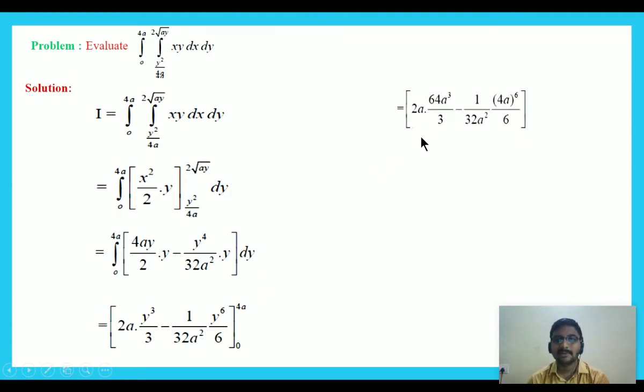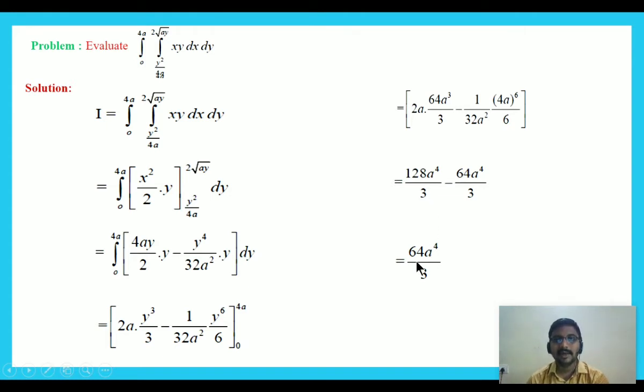So we will get, and then simplifying, 2 into 64 is 128, a into a cube is a power 4 by 3. Similarly, we will have like this, and then simplifying, taking 3 as the LCM, 128 a power 4 minus 64 a power 4 is 64 a power 4 by 3.